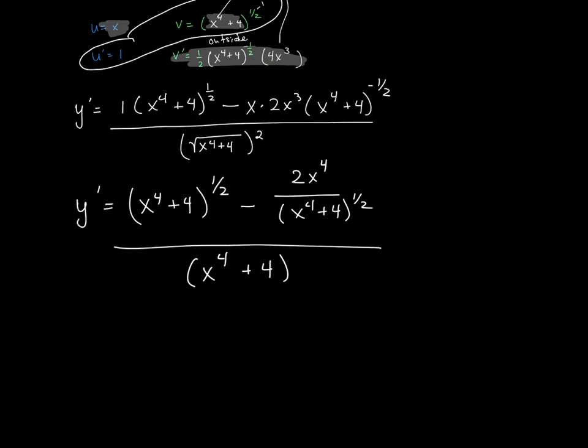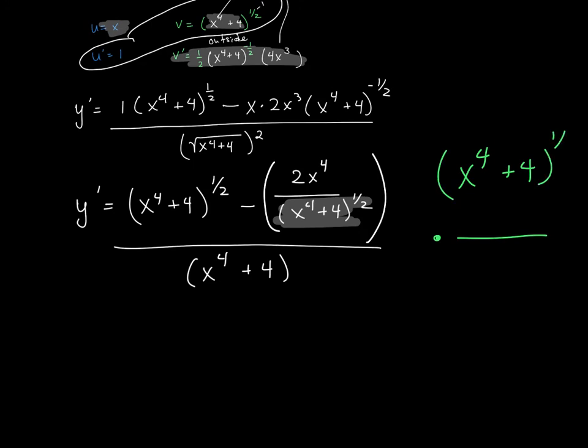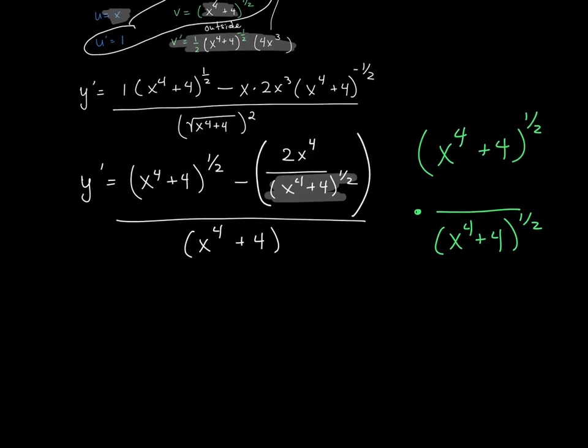I don't want to leave this as a complex fraction, so the only part of this that makes it a complex fraction is this second fraction right here. So if I look at whatever this is in the denominator, what I want to do is multiply this fraction by 1, multiply it by x to the 4th plus 4 to the 1/2 in both the numerator and the denominator.